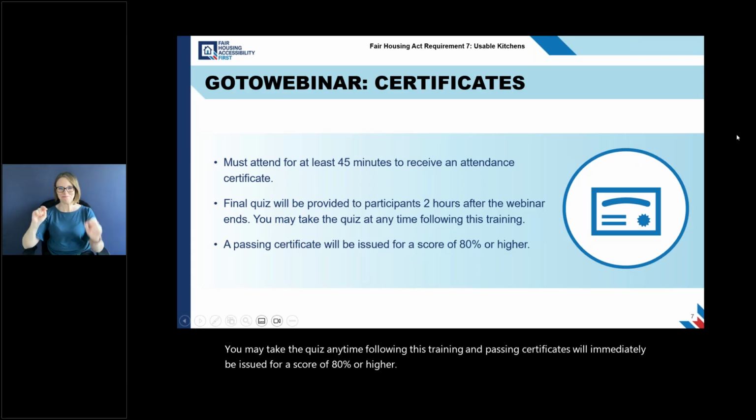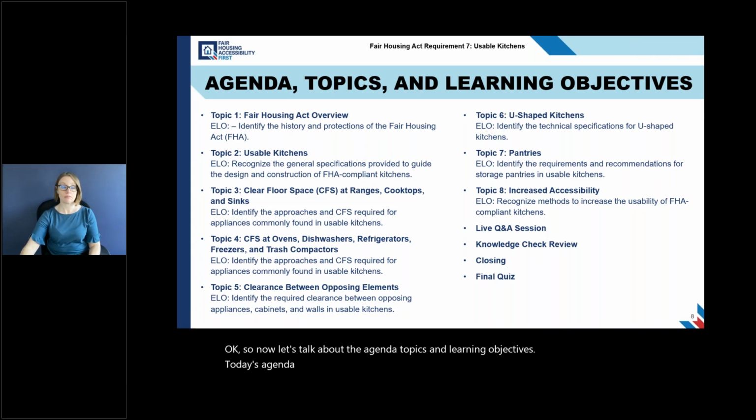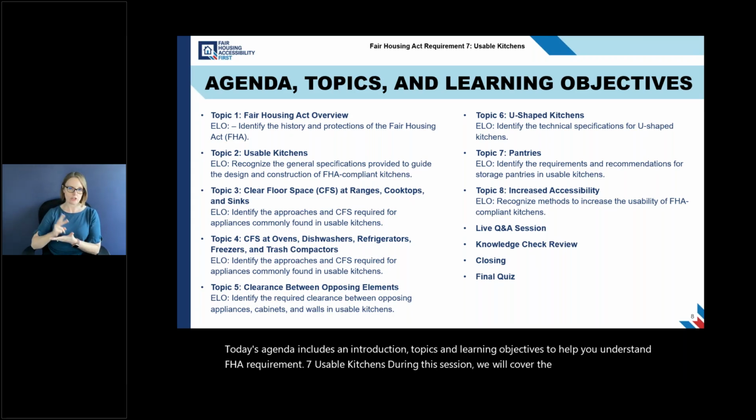Okay, so now let's talk about the agenda, topics, and learning objectives. Today's agenda includes an introduction, topics, and learning objectives to help you understand FHA Requirement 7 usable kitchens. During this session, we will cover the following topics and learning objectives.